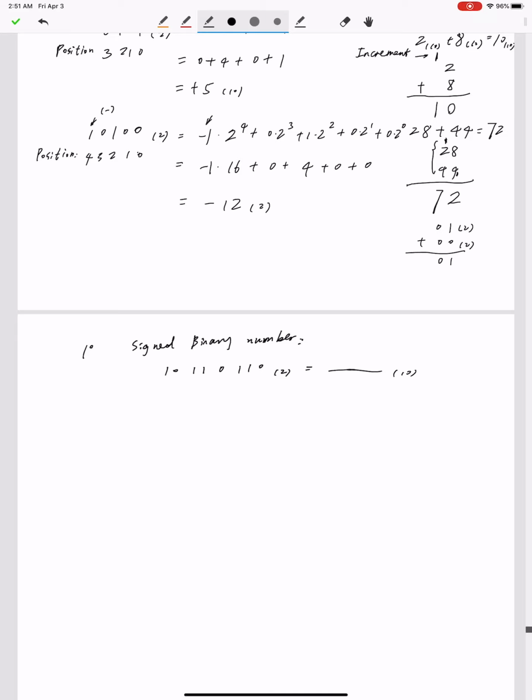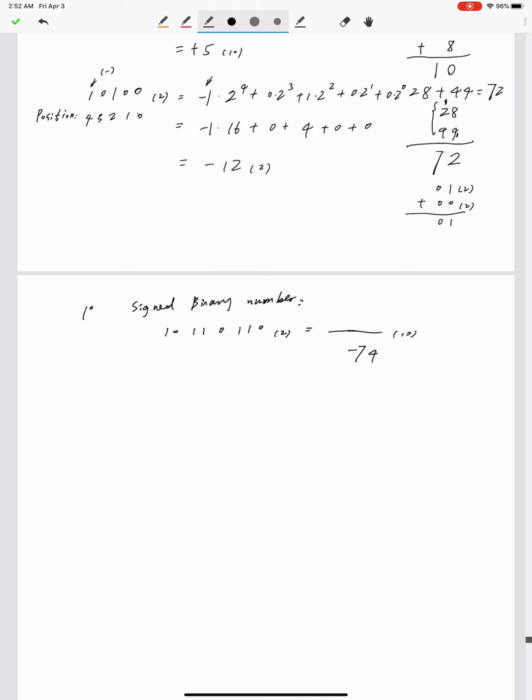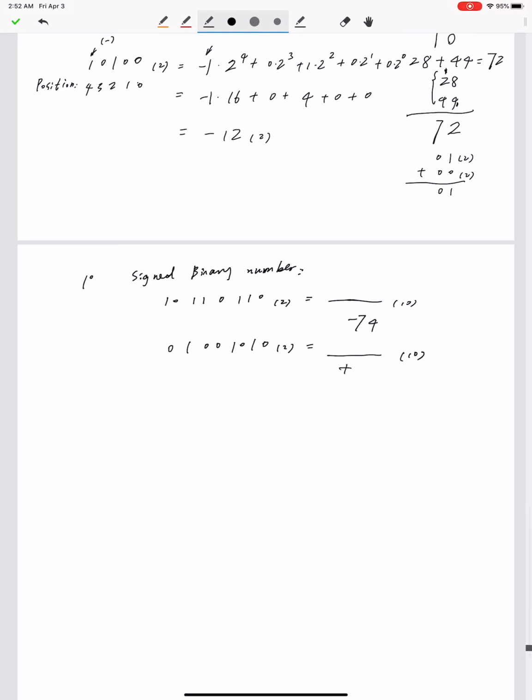I give you the result. The result is minus 74. And the second one is 01001010. What is the decimal representation? The result is positive 74. Don't copy the result. Cover the result first. Try to solve these two questions by yourself, and then verify your answers with the solutions.